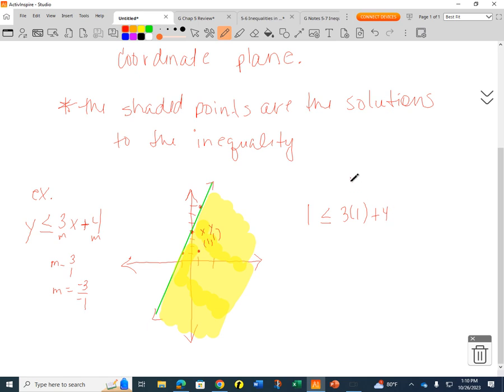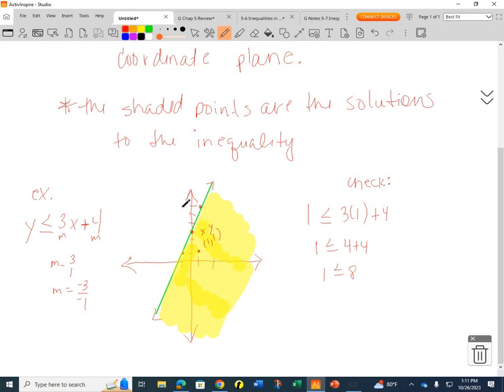So this is my check. I'm going to give you time to copy it, guys, if you'll just wait a second. I just want you to watch first, okay? So now 1 is less than or equal to 4 plus 4. So 1 is less than or equal to 8. Is that a true statement? Right. That's true, so that means that is a solution.